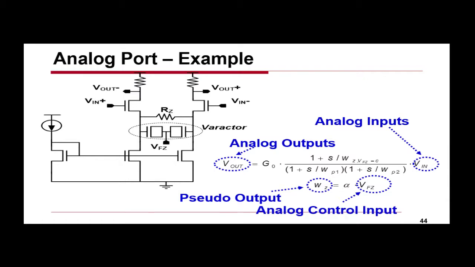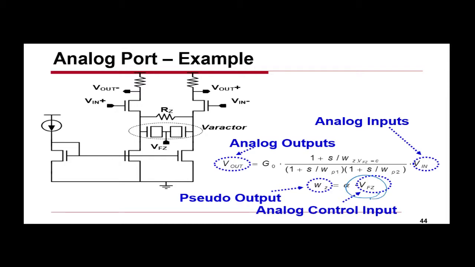Now, we have to do a couple additional things because we have controllable circuits. When you have a controllable circuit, that G is a function of the control variable. So we need to extract not only the transfer functions from the inputs to the outputs, but also the transfer function from the inputs to what we call pseudo outputs.